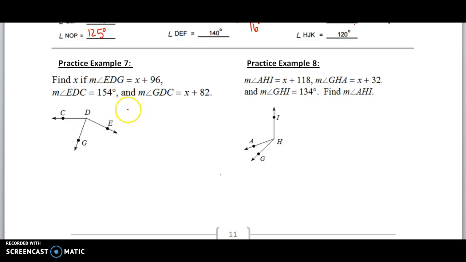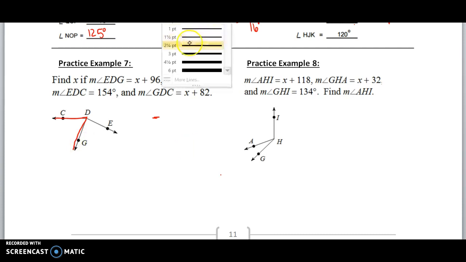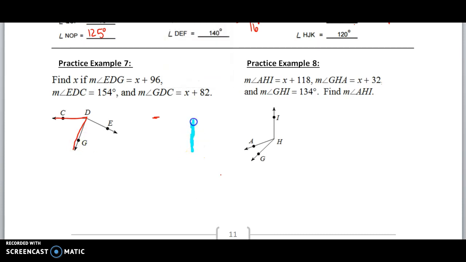I see the two parts would be CDG, that's one part, and the other part is GDE.